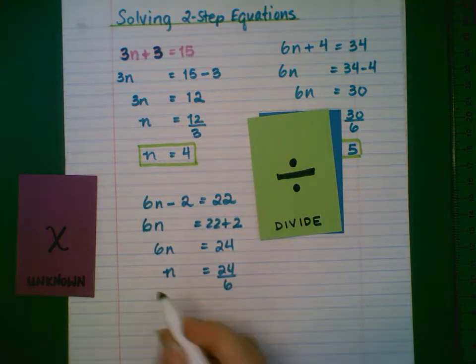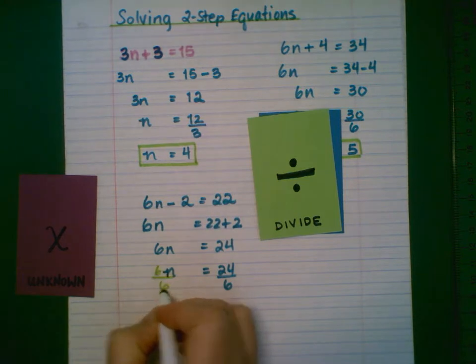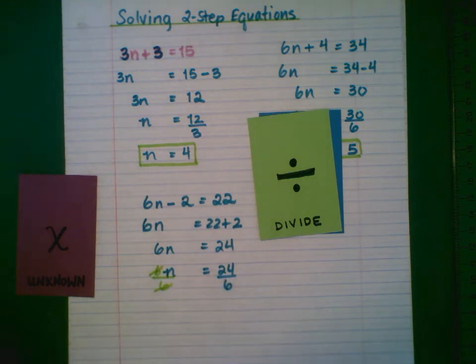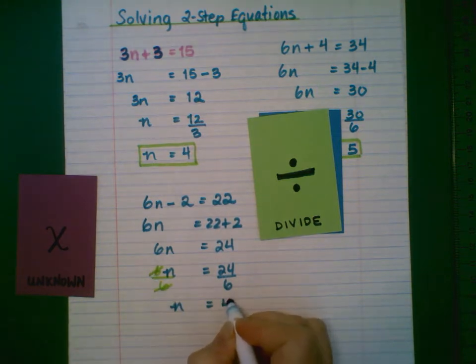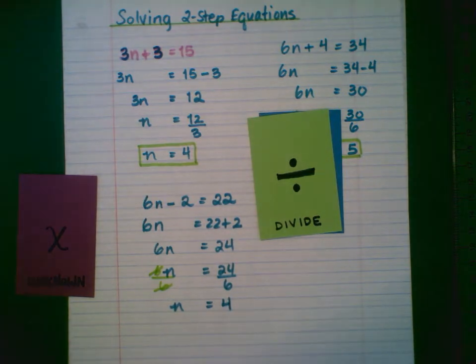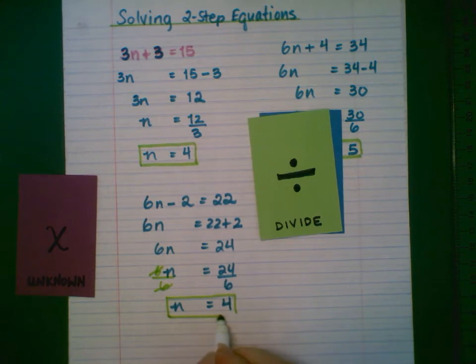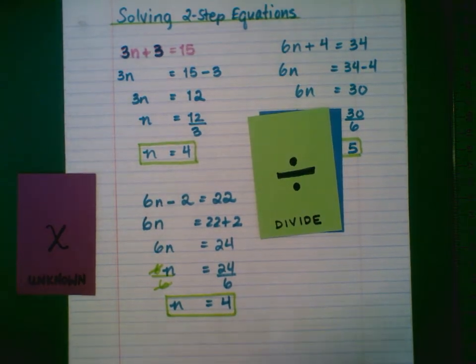Again, I'll write the 6 divided by 6. When you get the hang of it, you can skip that piece. But in a textbook, for example, you would probably see that shown. And this equals n equals 4. And typically, this is the form that a solution will want to be in.